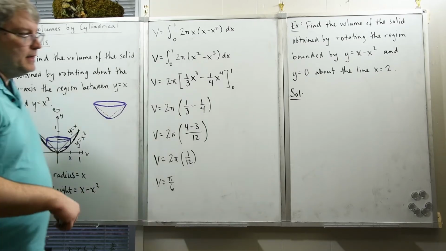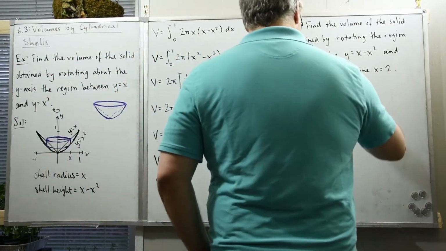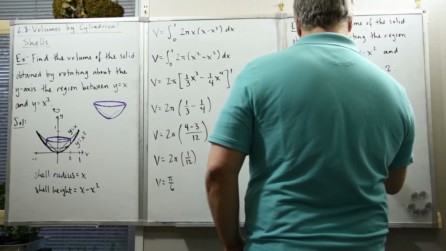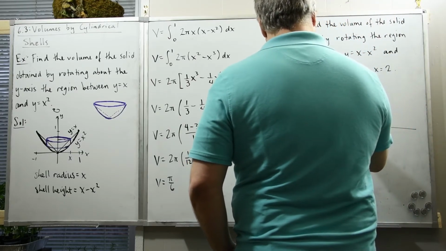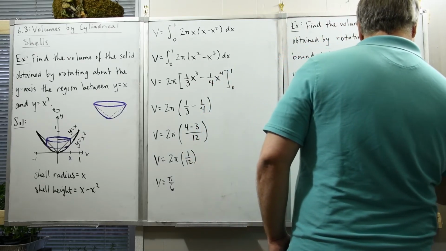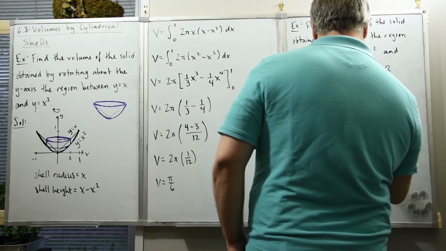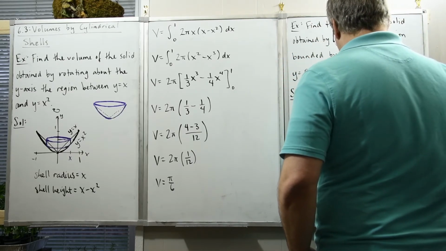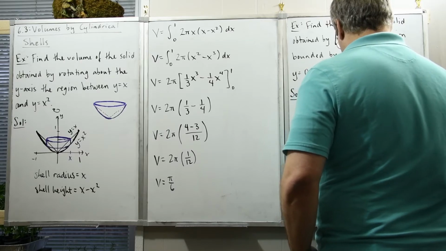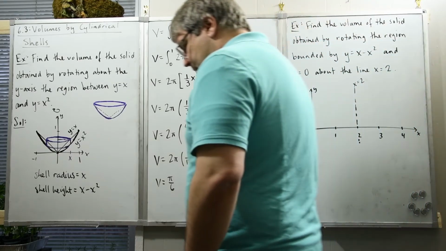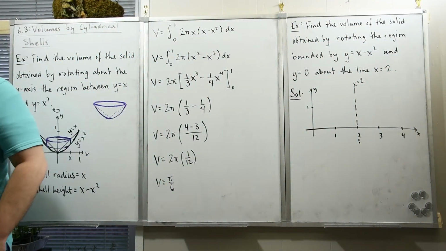So let's take a look at a picture. We have our axis of revolution, x equals 2.